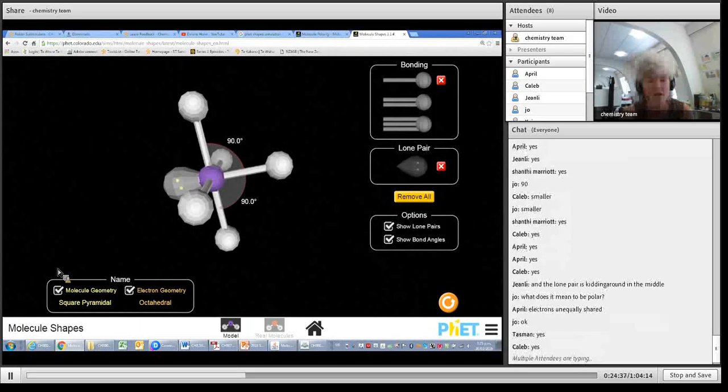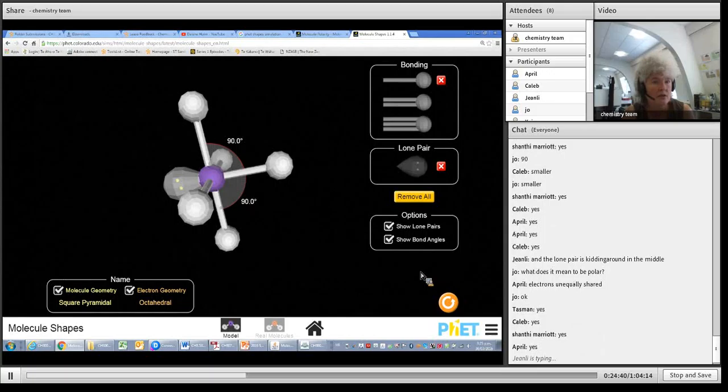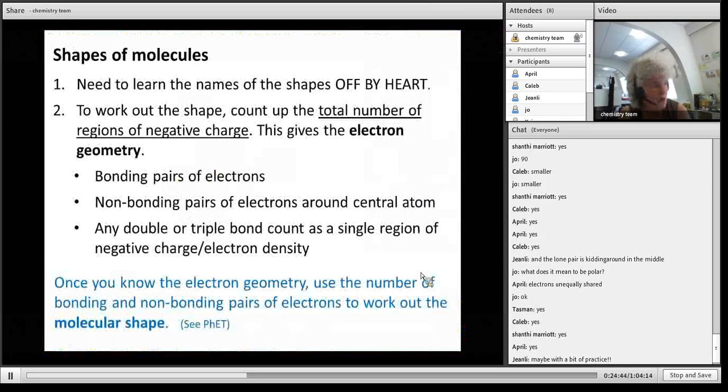Okay, great. But always start off with the number of regions of negative charge. Don't go straight onto the bonding and say it's got 5 bonding pairs and 1 non-bonding pair. Sorry, it's 5 plus 1 is 6, because you don't go more than 6. Just give the total number first, the electron geometry, because that'll tell you the bond angle.